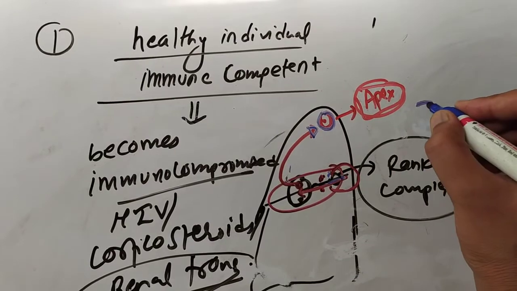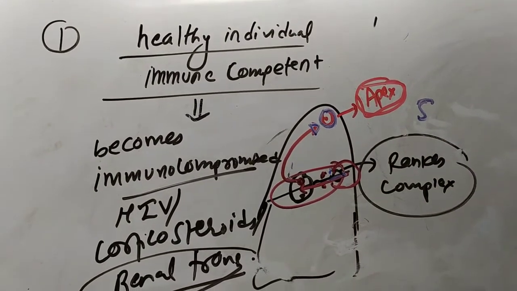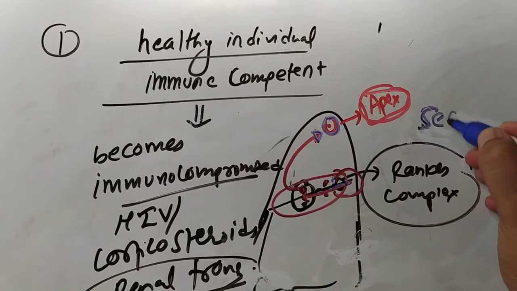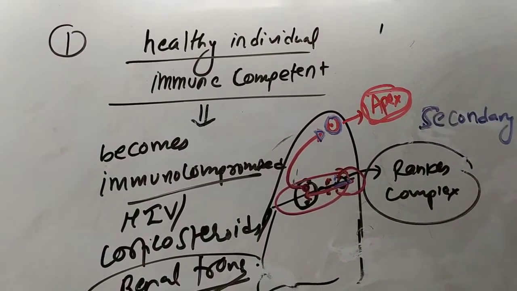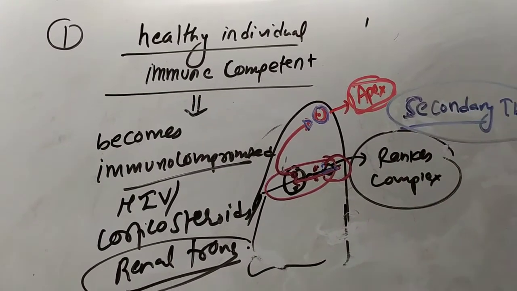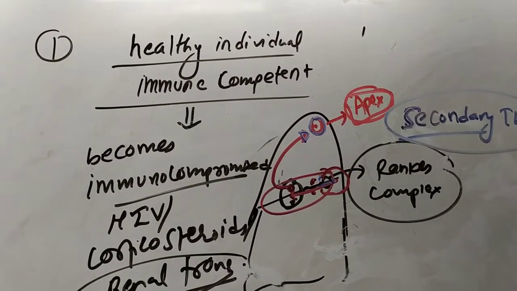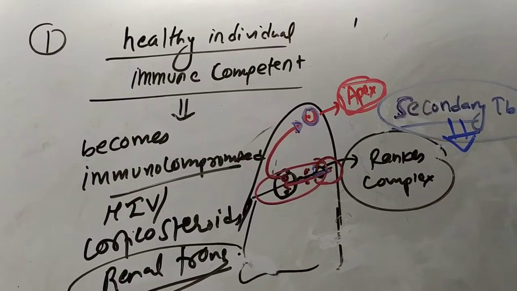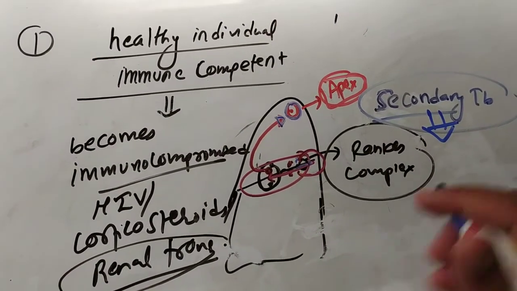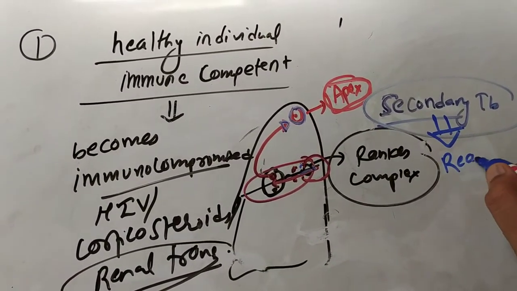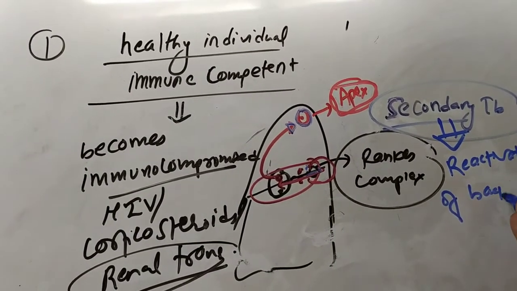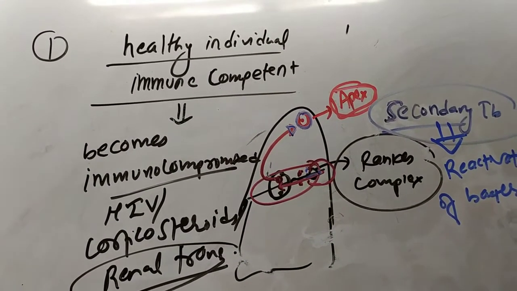So this TB is known as secondary TB. Remember this point: this TB is known as secondary tuberculosis. In the secondary TB, we should know one thing, that this TB is due to the reactivation of bacteria from latency.